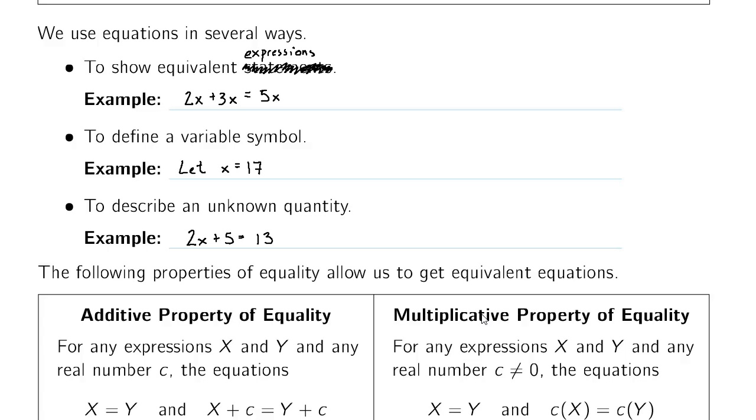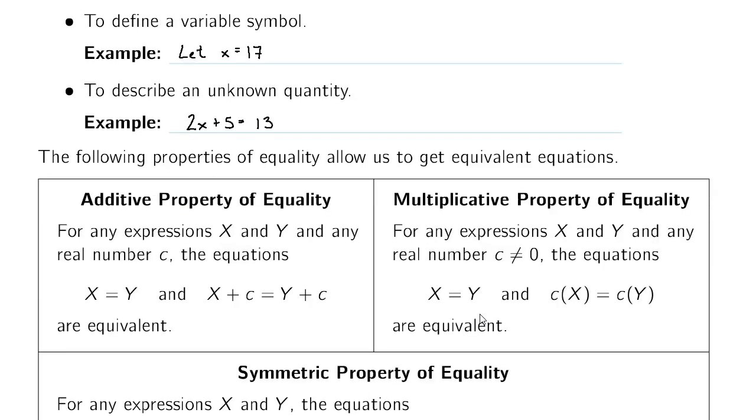What tools do we have to let us solve an equation? Well, we have the properties of equality. And these properties of equality tell us under what circumstances we get equivalent equations that have exactly the same solution set.